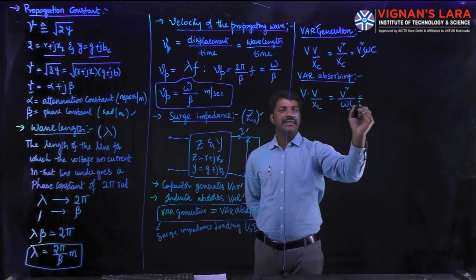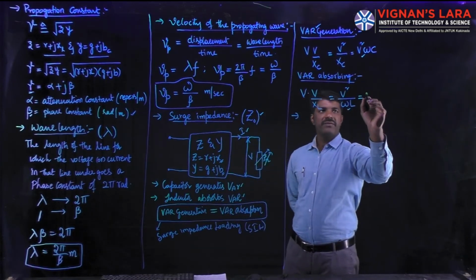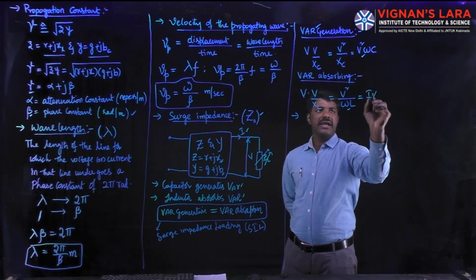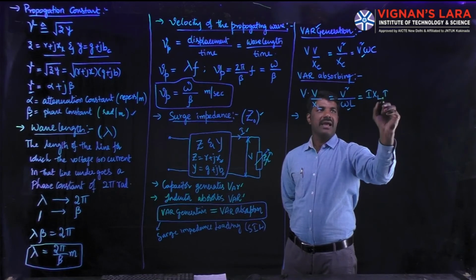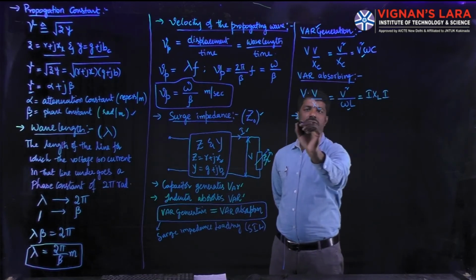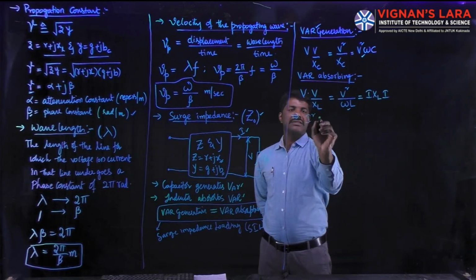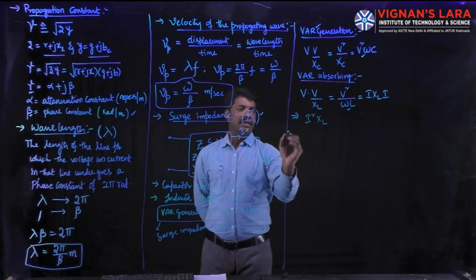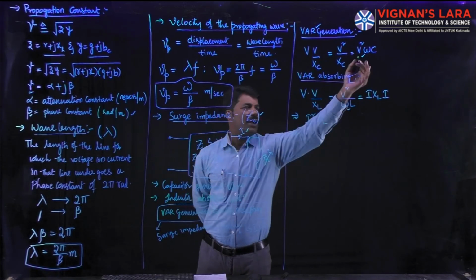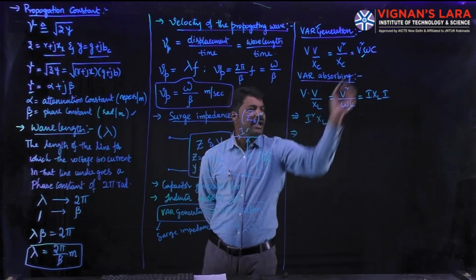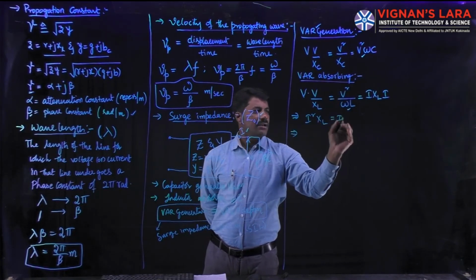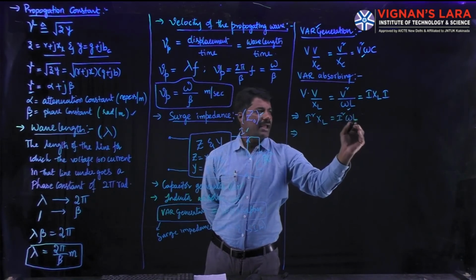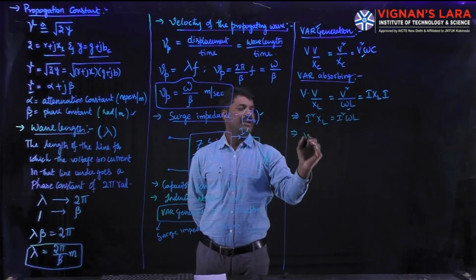Then I can write V into I, where V is equal to I into XL, so it is I square XL. Therefore, as per the definition, we have to equate V square omega C and I square omega L.